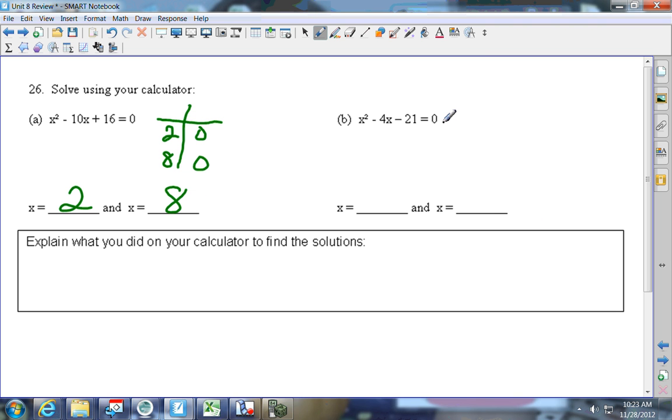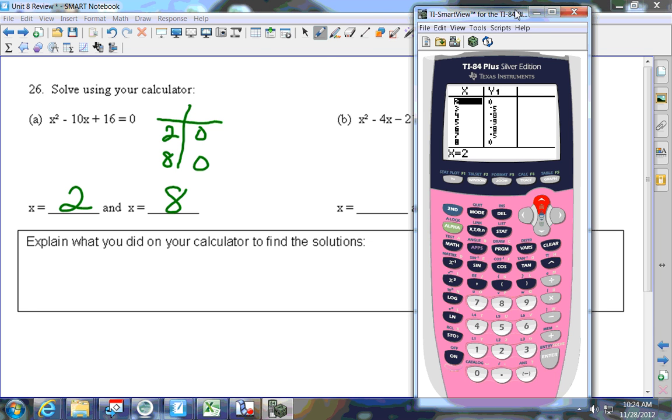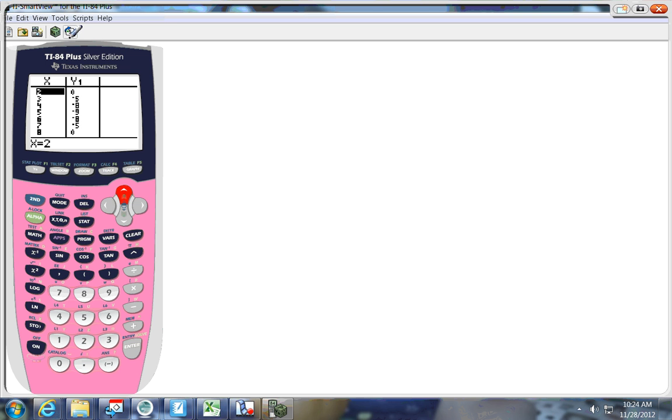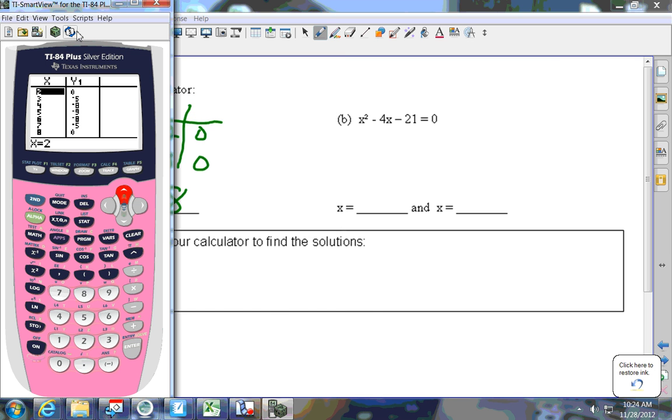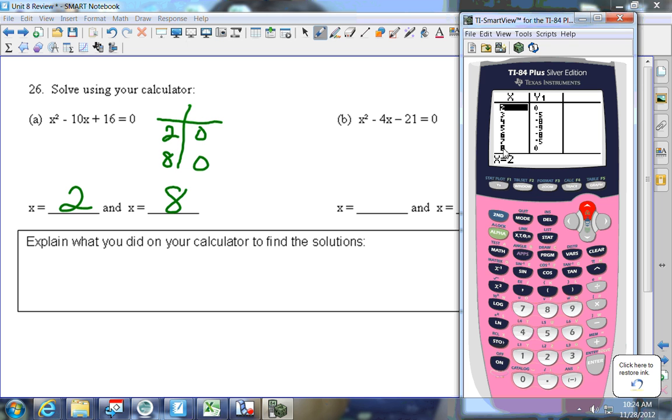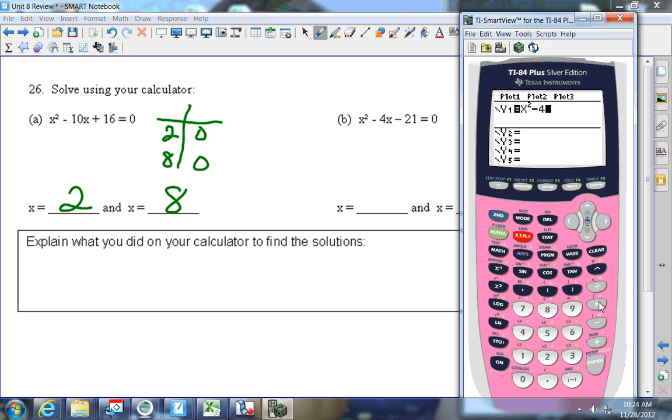On letter B, make sure it's set equal to 0. Go into the calculator, and you have x squared minus 4x minus 21.